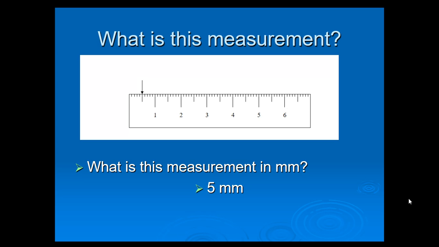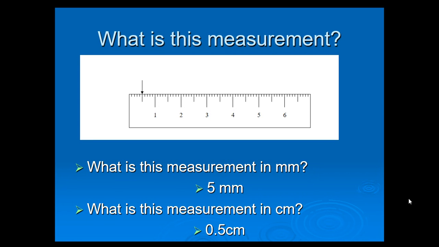Our decimal point is in the 1 spot. Now let's write the same measurement in centimeters. Remember, we're moving the decimal spot to the 10 spot. Did you get 0.5 centimeters? If you did, you got the correct answer.